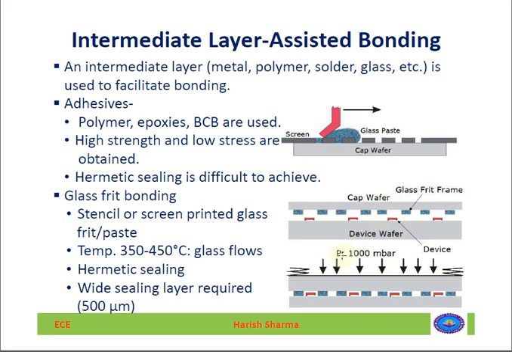Then at a temperature of 350 to 450 degrees, this glass flows and creates hermetic sealing, like in the previous one. So wide sealing layers are required, but the problem is that about 500 micrometer thickness is required for that glass film.